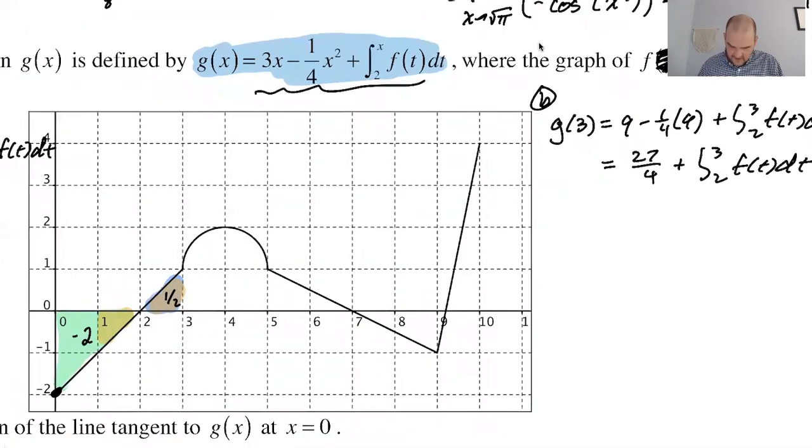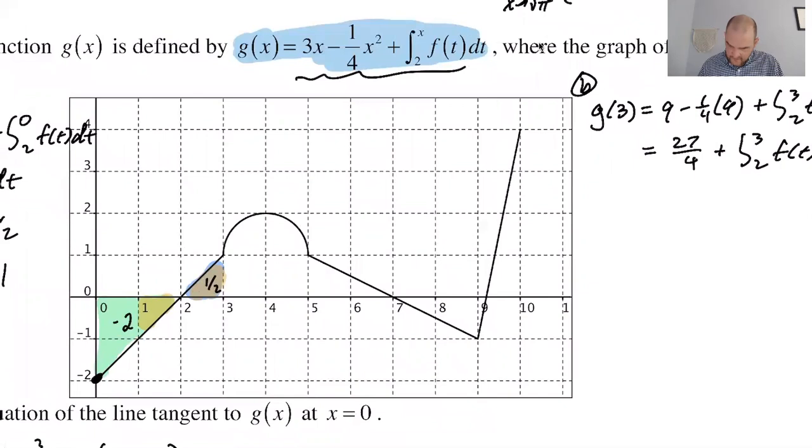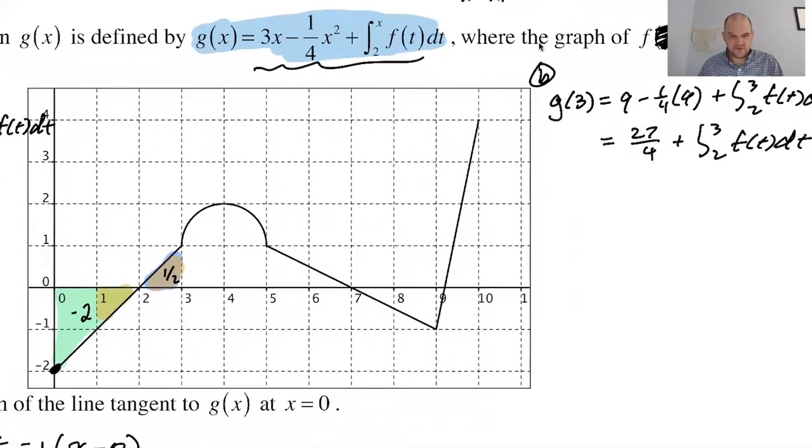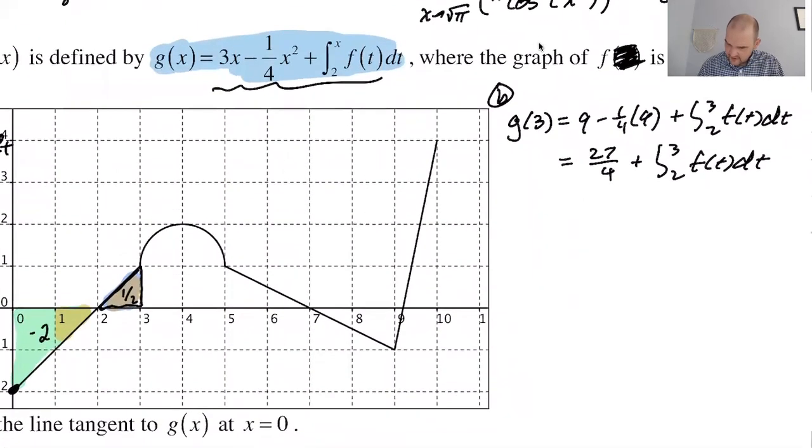So we go to this, and we need the integral from 2 to 3, which conveniently we already found. It's actually this triangle, which is just 1/2. So that'll be 1/2. So 27 over 4 plus 1/2, which is 2 over 4, so 29 over 4. That's g of 3.